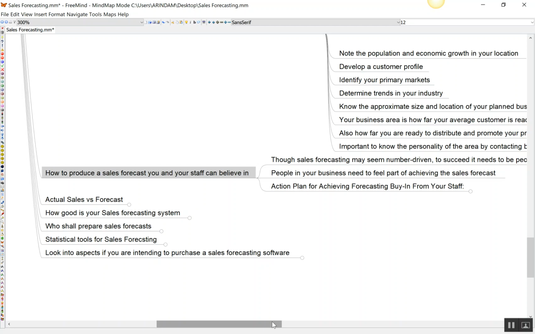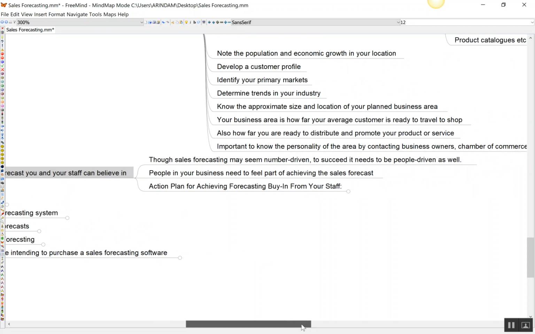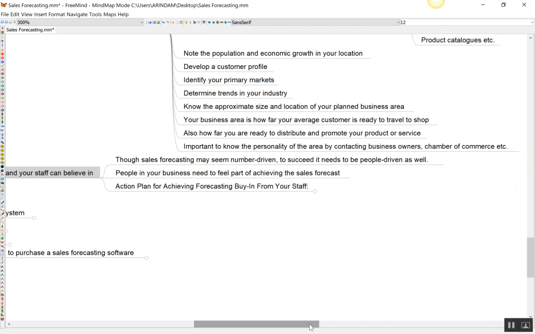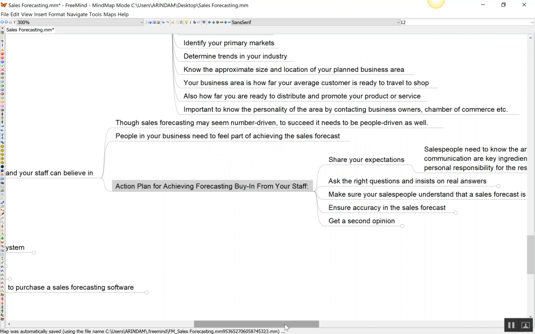And they all have to align to what you are trying to put across. So how essentially can you go about doing that? Though sales forecasting may seem number driven, to succeed it needs to be people driven as well. That's what I was trying to focus on. People in your business need to feel part of achieving the sales forecast, and also an action plan for achieving it needs buy-in from your staff, right?